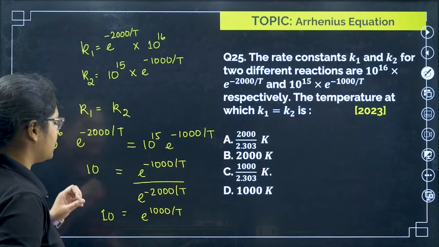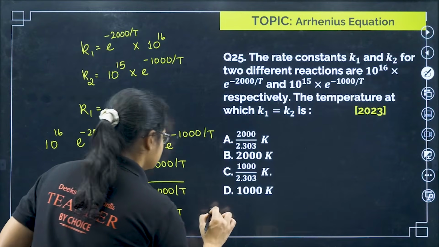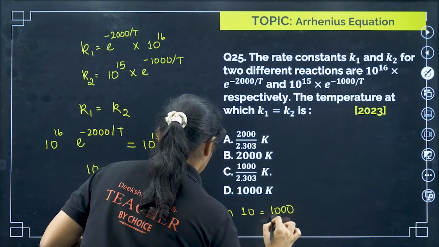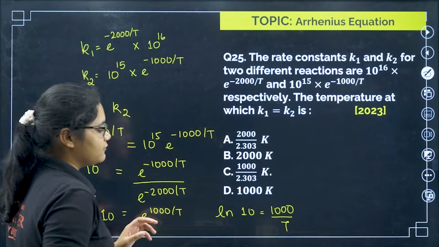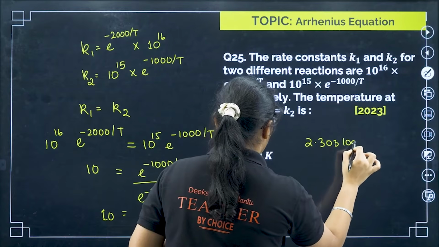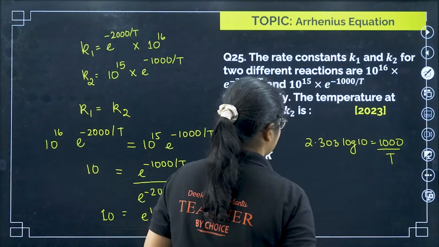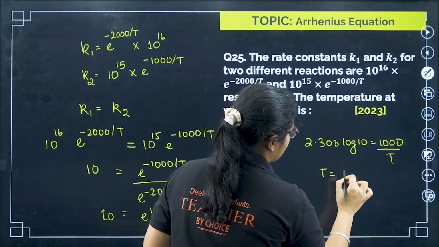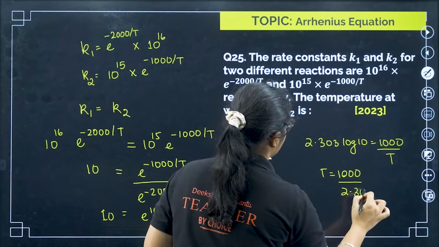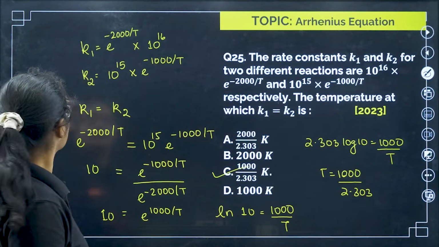Now I can convert it into ln: ln of 10 is equal to 1000 by T. If I want to convert it into log, I can write 2.303 log 10 is equal to 1000 by T. So T is equal to 1000 by 2.303. Okay, so that is option number C here.